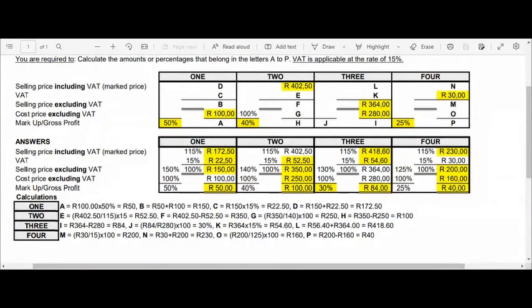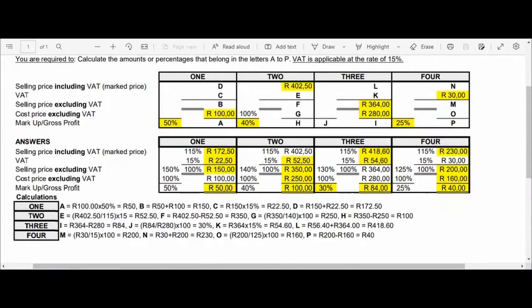What do we have? M is 125, but we haven't got an O, we haven't got a P. So how are we now going to calculate the O, ladies and gentlemen? If we want the O, the cost price, what is the factor we want? 100. Thank you, Angel. The factor that we want is 100. And the M represents a factor of 125.